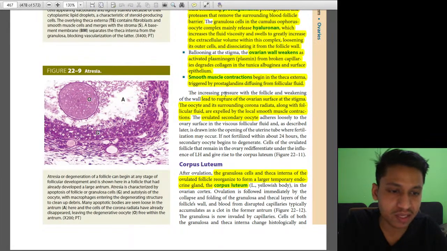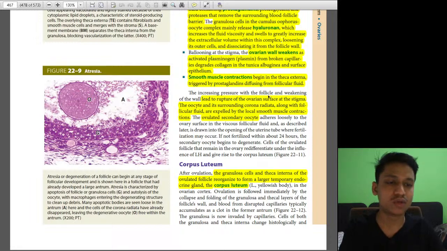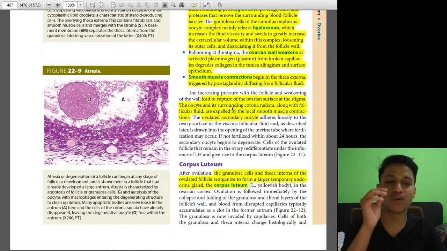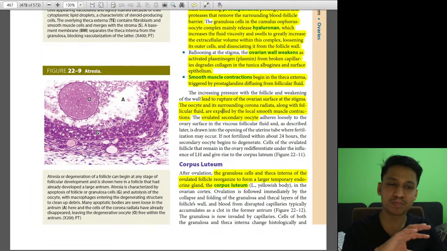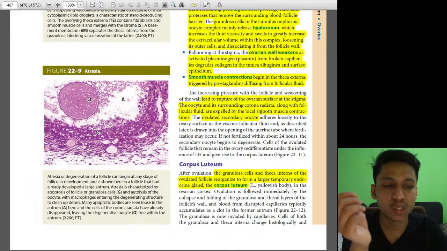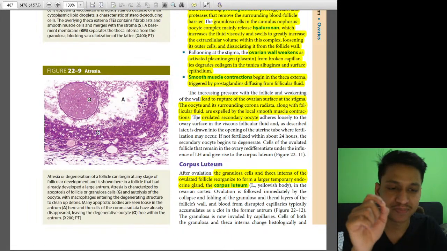The increasing pressure within the follicle and weakening of the wall lead to rupture of the ovarian surface at the stigma. The oocyte and its surrounding corona radiata, along with follicular fluid, the antral fluid, are expelled by the local smooth muscle contractions.